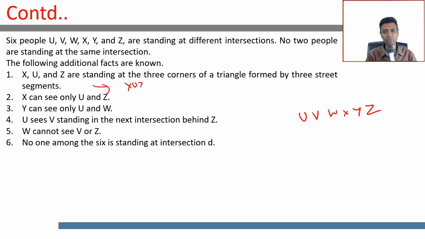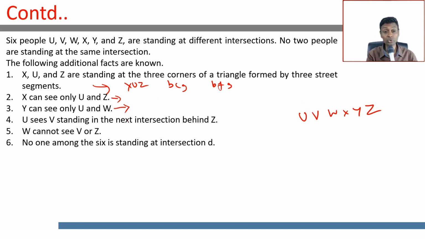These 3, X, U, Z, are at BCG or BFG. X can see only U and Z. That we know because they're standing at 3 corners of a triangle. Can see only U and Z. Very important. Cannot see anyone else. Y can see only U and W.